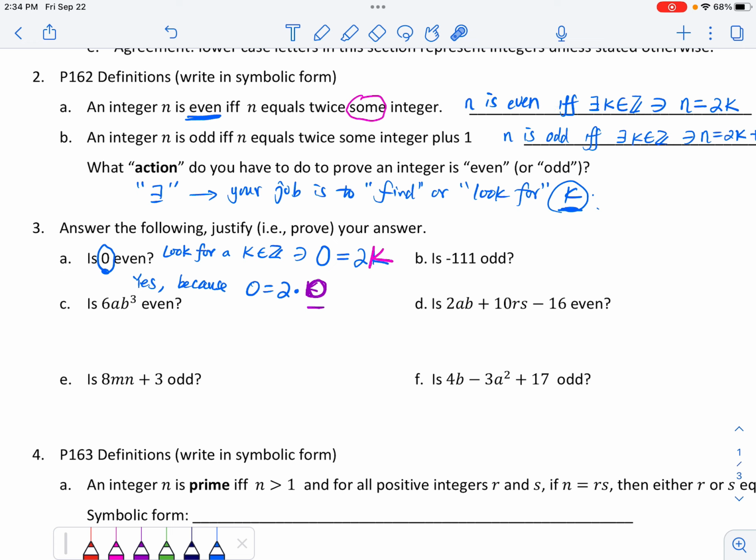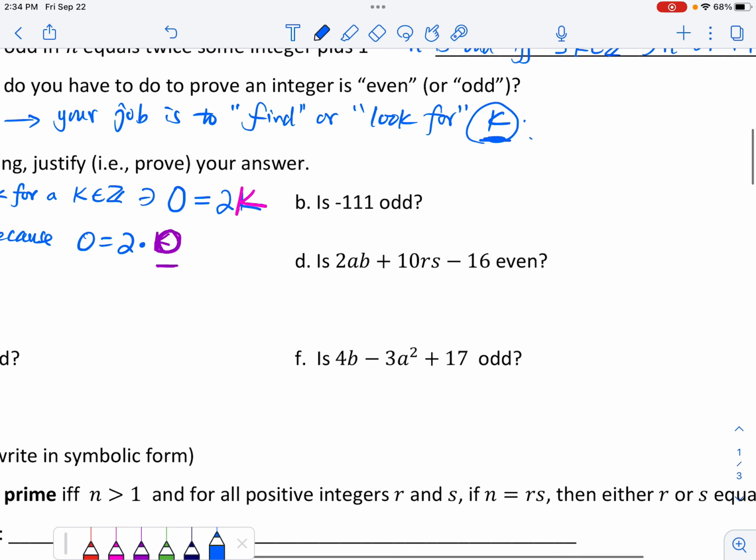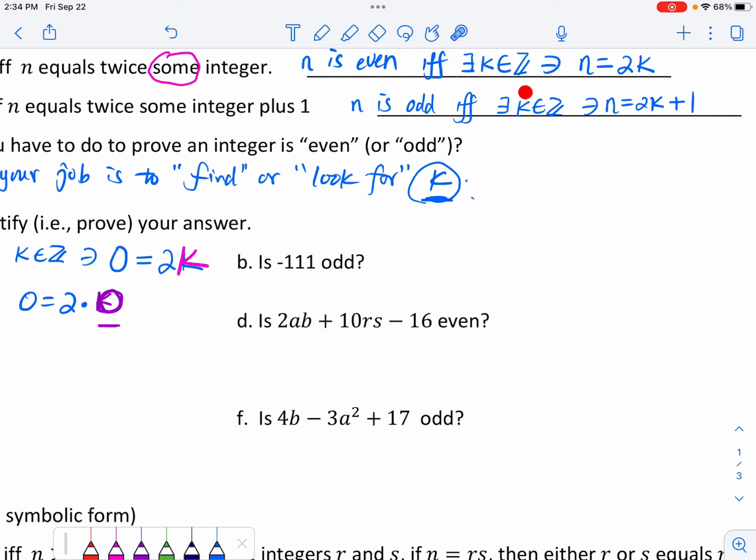Now let's take a look at part B. Is negative 111 odd? In other words, if you are able to find such a k so that negative 111 equals 2k plus 1, then you can claim it is odd. So I'm going to give it a try. Are we able to find such a k? 2 times k plus 1, that's the definition for an odd integer. Are we able to find such a k so that this is true?